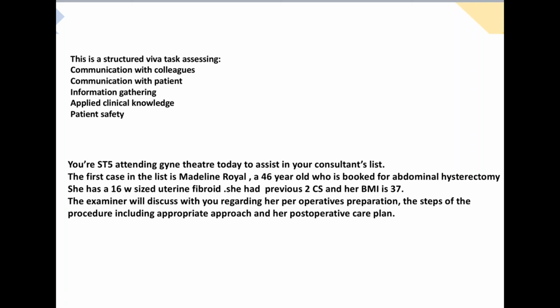And then the next step will be decided according to whether we are going to keep the ovaries or remove the ovaries. If we are going to remove the ovaries, we need to ligate the IP ligaments, which are the infundibulopelvic ligaments, okay? So we will put 2 clamps on the infundibulopelvic ligaments, and please take care because the infundibulopelvic ligament is present in the pelvic brim, and that's the place where we may injure the ureter.